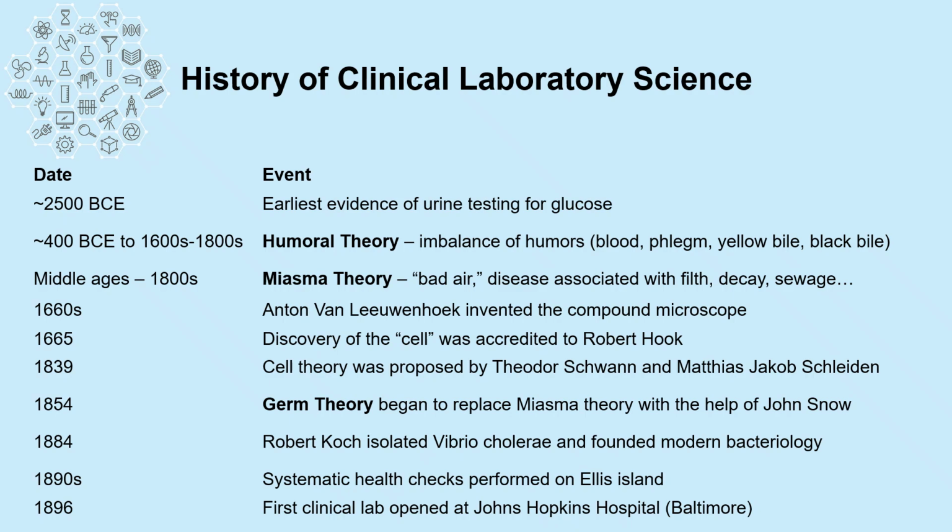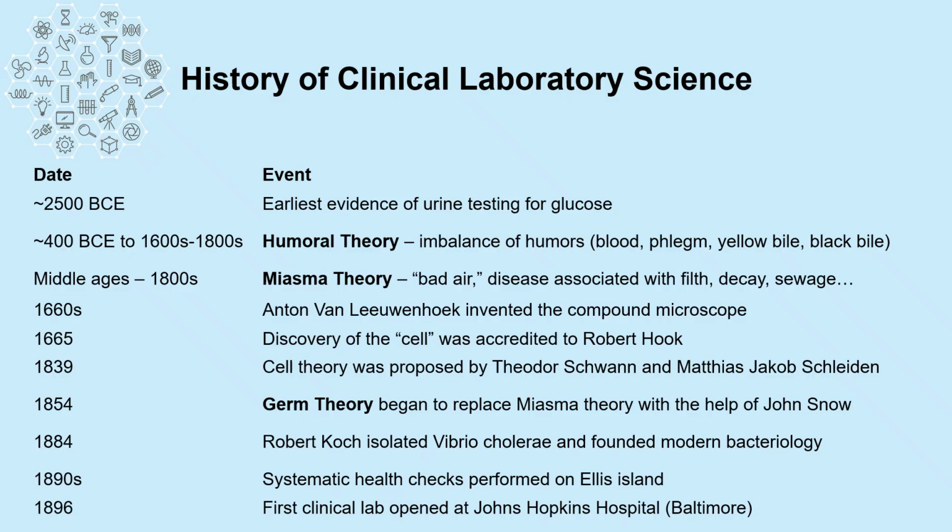Around 400 BCE to the 1800s, we weren't quite sure what was the cause of human disease, but it was believed to be from an imbalance in one of the body's four humors: blood, phlegm, yellow, and black bile.